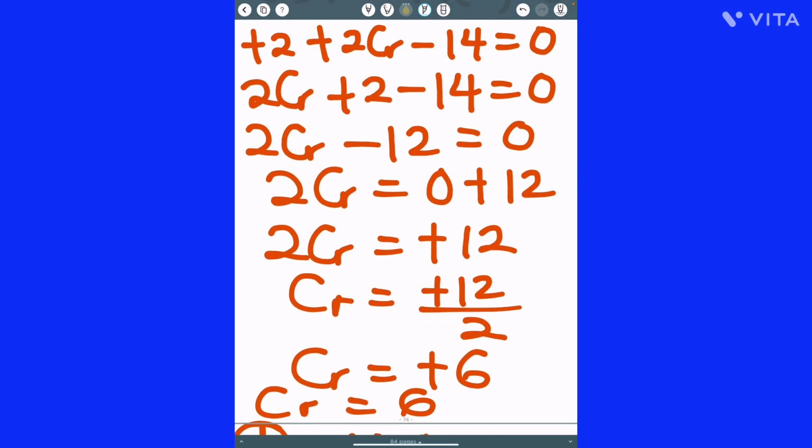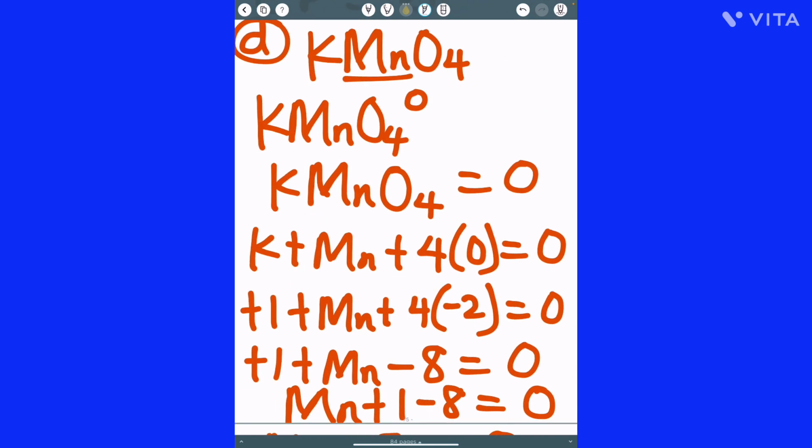So I'll get Cr from here as what? Plus 2 plus 2Cr minus 14 will give me, rearranging, plus 2 minus 14 is minus 12. Take minus 12 to the right, you get plus 12. 2Cr equals plus 12, Cr will be plus 6. So its charge is plus 6, its valency is 6.